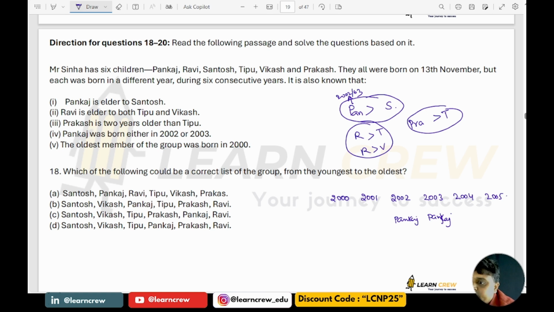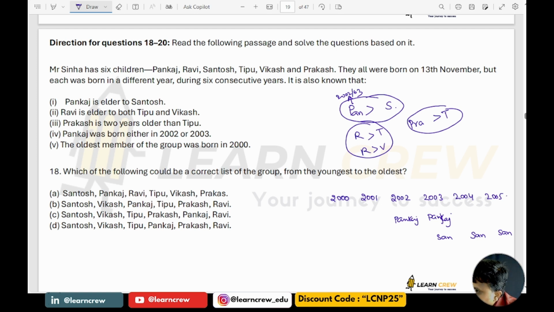And Pankaj is elder than Santosh, which means Santosh can be here, and Santosh can also be here. And Ravi is elder to both Tipu and Vikash. Prakash is 2 years older than Tipu.